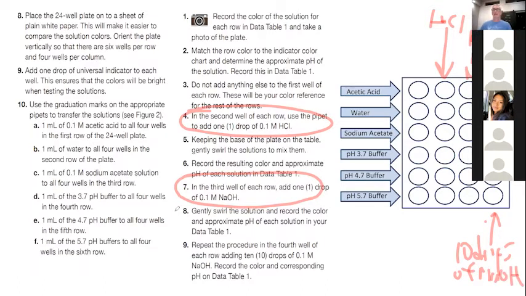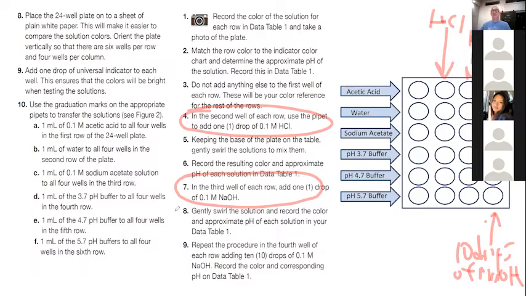So we're going to compare adding a little bit of base and seeing if that changes the pH much, and then adding a lot more base and see if that changes the pH much. Then take another picture and make a note of the pH of each one of these plates.